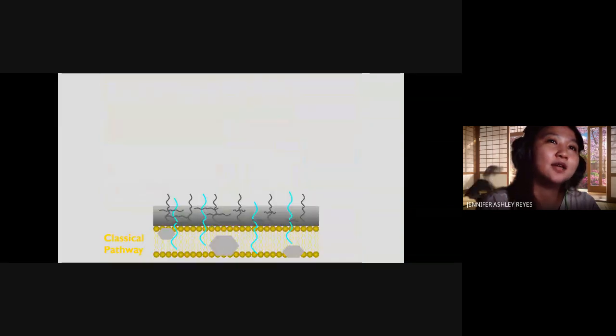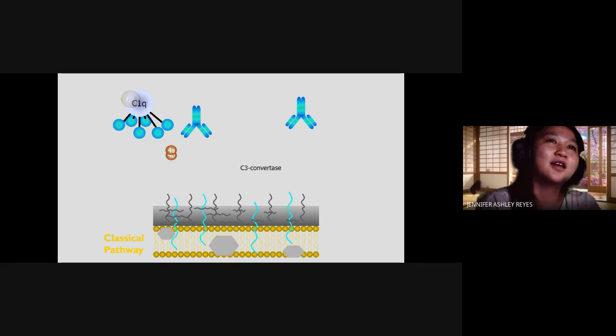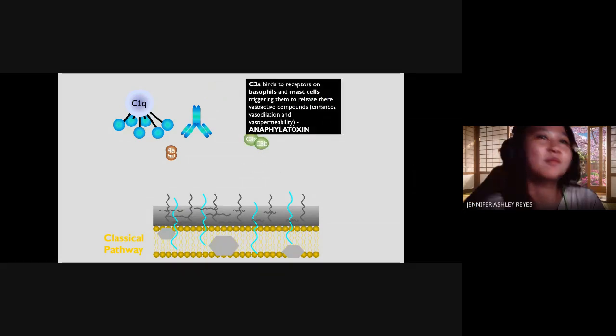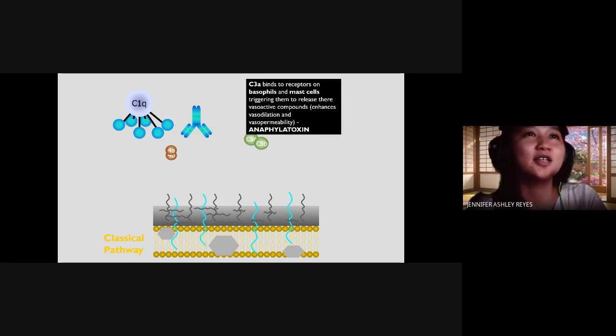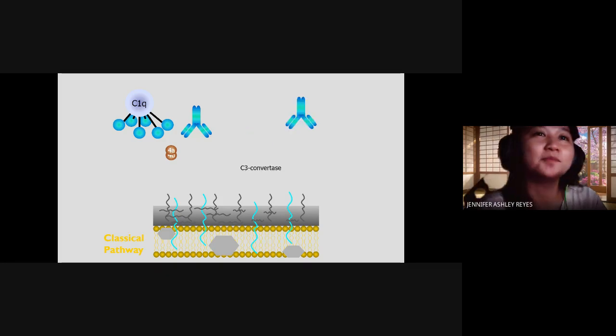Sige, makikita niyo yan ulit later. Ito. So, yan. Hindi siya nag-play. Kailangan ko siya i-click. So, ulit, yung C3, ulit. Si may antigen, tapos may antibody.